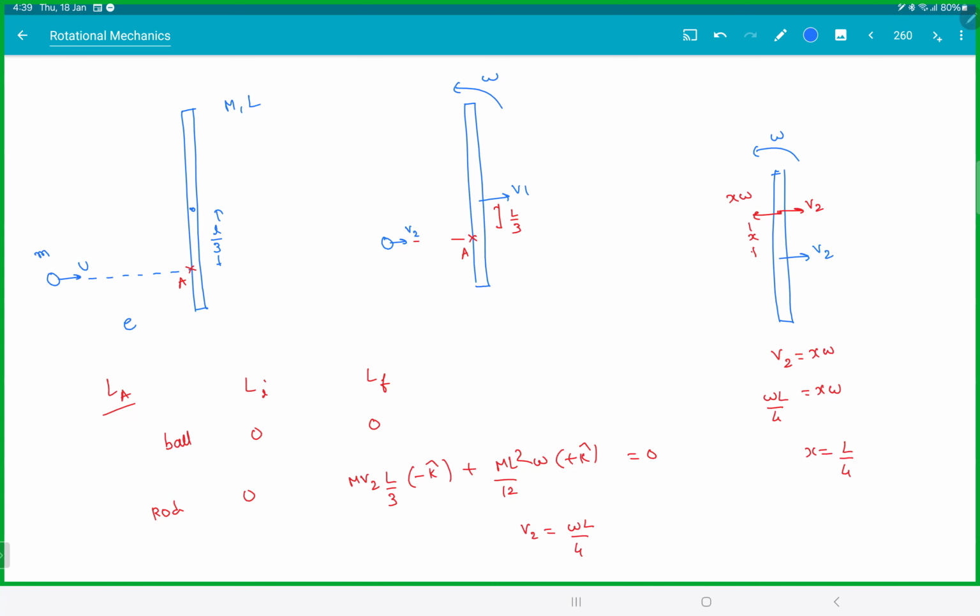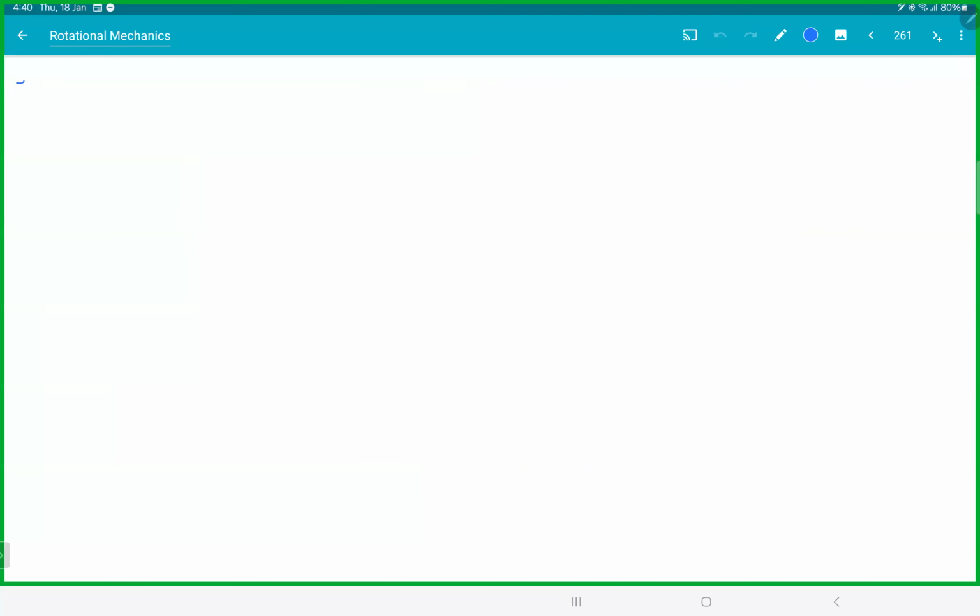Let's see one more. Going ahead, Venkatesh, come on. Again, top view. We have a rod here, mass m and length L, going with speed u.